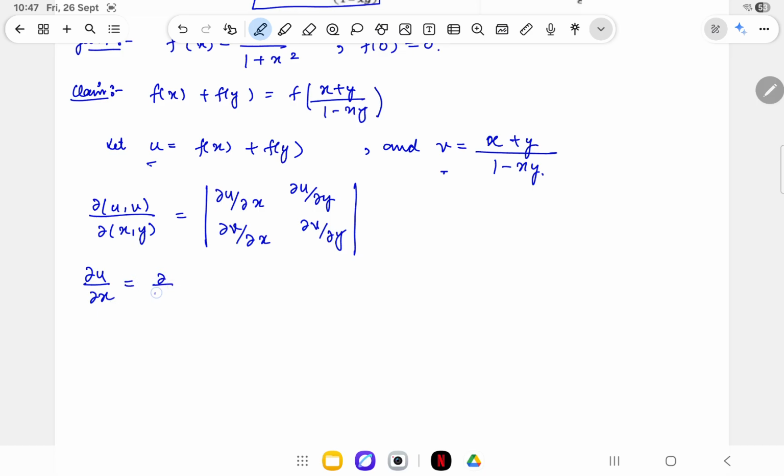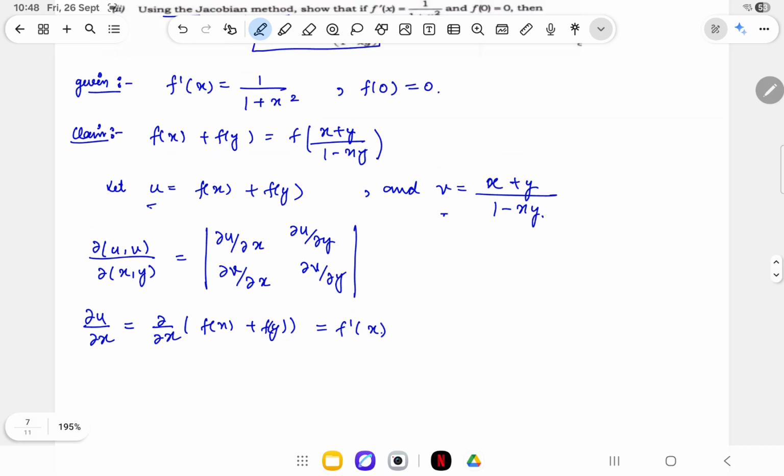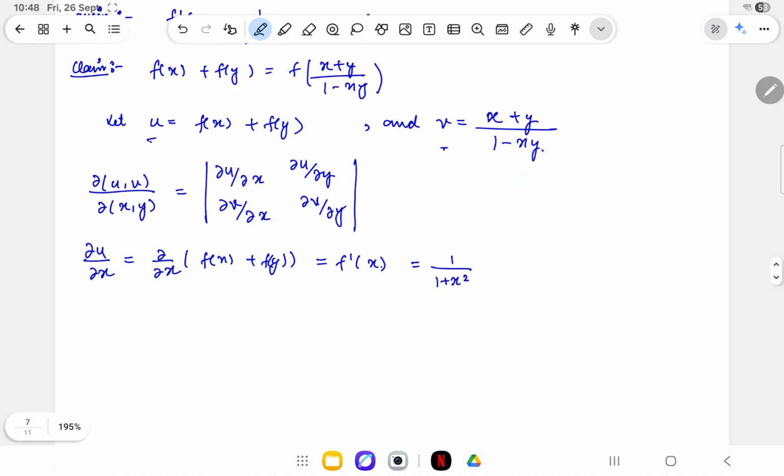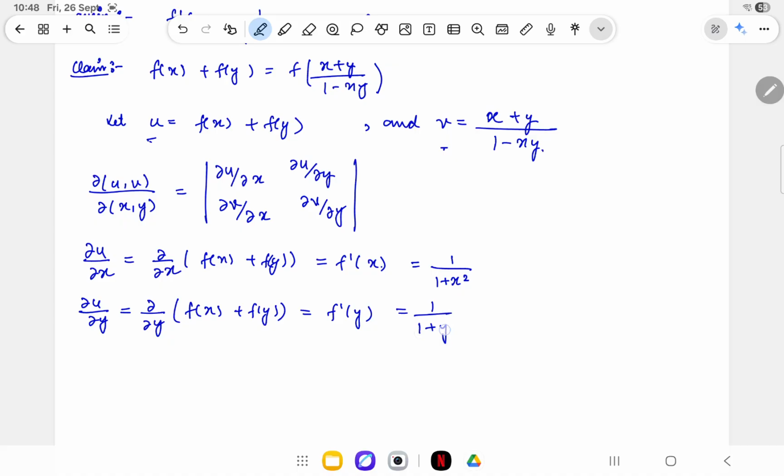It will be del by del x of fx plus fy, and I'll get f dash x, and we know from the question that f dash x is 1 by 1 plus x square. Likewise, del u by del y is del by del y of fx plus fy, which equals f dash y, that is 1 by 1 plus y square.